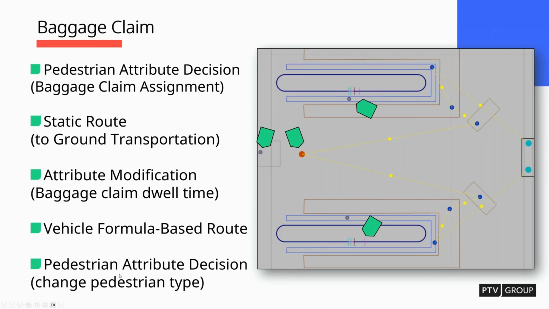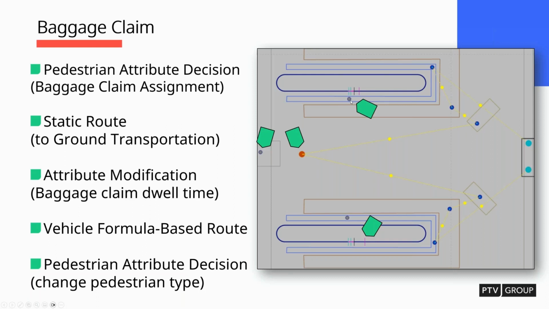And finally, we have an attribute decision so that after the pedestrian has made their way to the baggage carousel, they've dwelled, the bags show up, so their dwell time gets changed. After they've dwelled and they move on, you see that they step forward onto another blue horseshoe that's just inside. So that's like the pedestrian walking up and grabbing their bag. We have a final little pedestrian attribute decision.